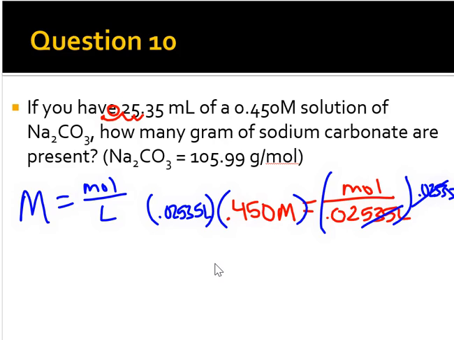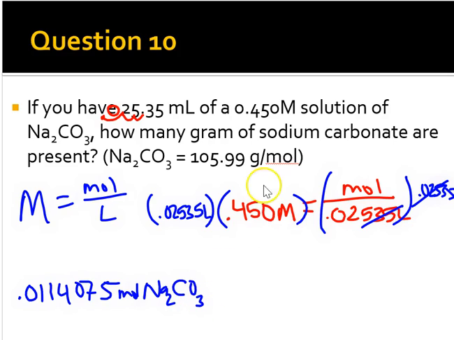So let me do that right now. 0.02535 times 0.450. I end up getting, I'm going to write the whole thing, 0.0114075 moles of sodium carbonate, Na2CO3, because sodium carbonate's the solute.